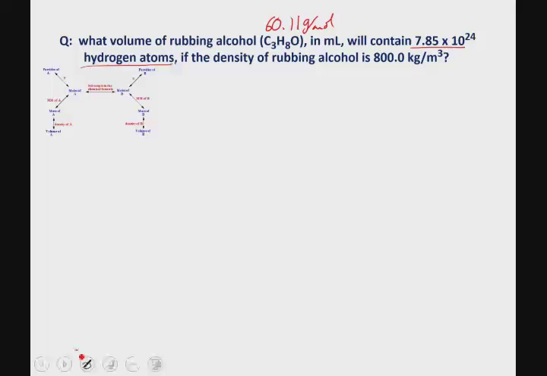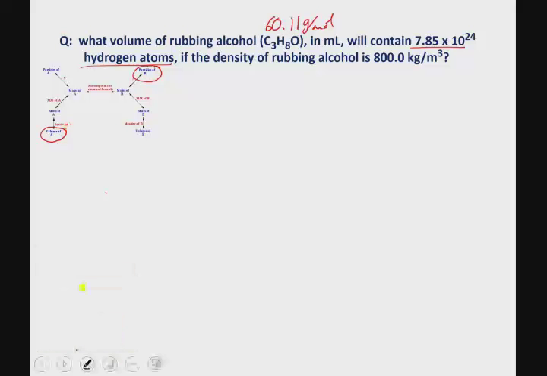So once again, evaluating what's given to us and what's being asked to calculate will help you figure out the path. We have the number of hydrogen atoms in that sample of rubbing alcohol, and they're asking us to calculate the volume of rubbing alcohol that will contain those many hydrogen atoms.